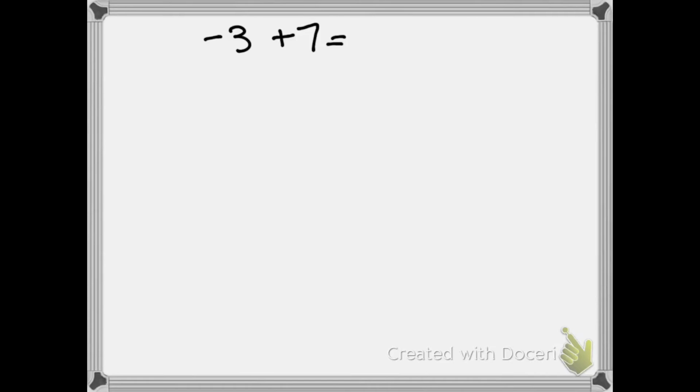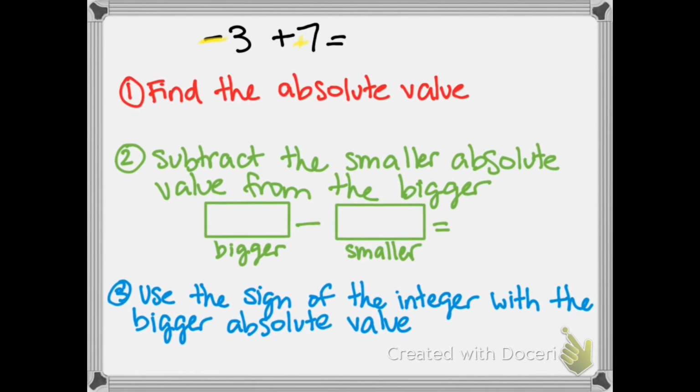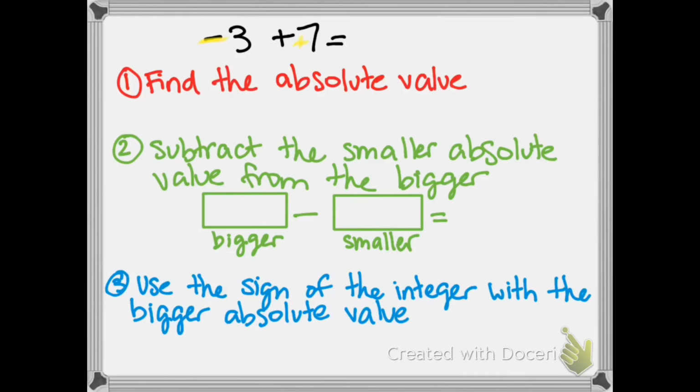All right, here's another example. I see that I'm adding. I also see that I have a negative number right here and a positive number right there. So I am adding integers with different signs. That means I need to follow my 3 steps. The first step is to find the absolute value.